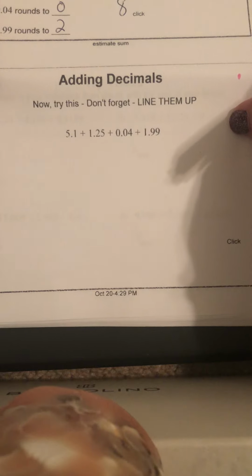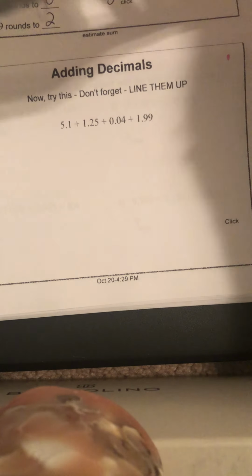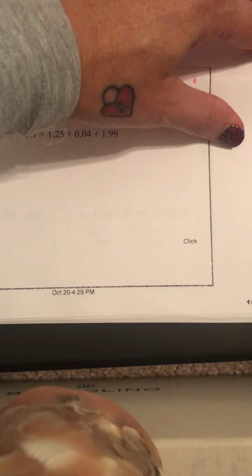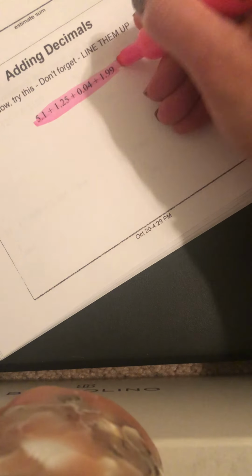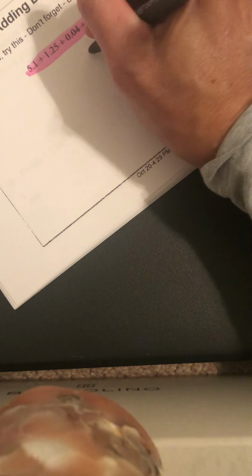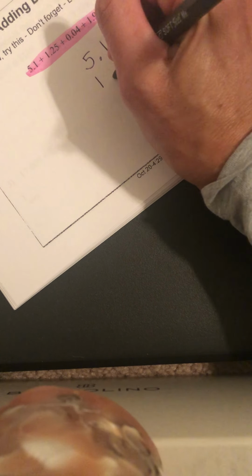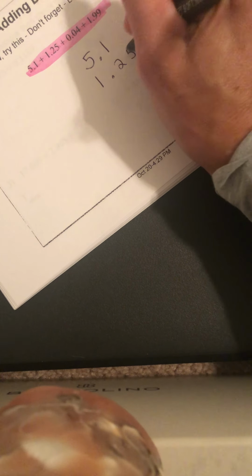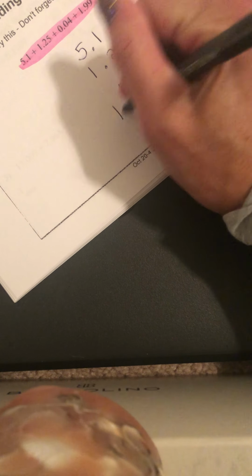Now if I take those numbers and actually do the work, oh, my little dino fell off. Okay, so I'm going to take those same numbers right here, but this time I'm actually going to line them up. So I'm going to take 5.1. Sometimes graph paper is good for this. 1.25, 0.04, and 1.99.